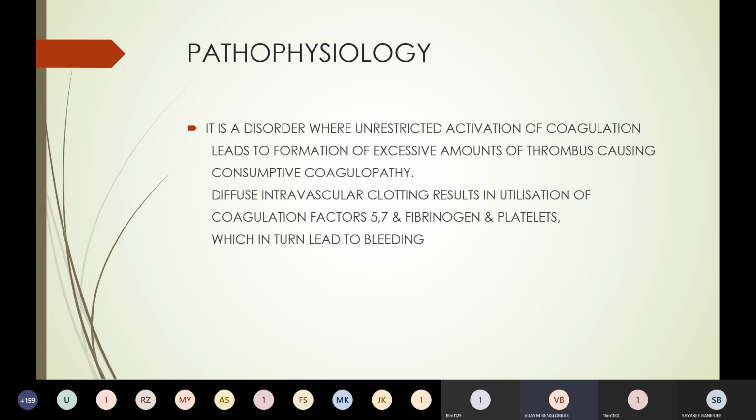So diffuse intravascular clotting results in utilization of coagulation factors 5, 7, fibrinogen, and platelets, which in turn lead to bleeding. So if a patient has bleeding, particularly in the organs, suspect DIC.